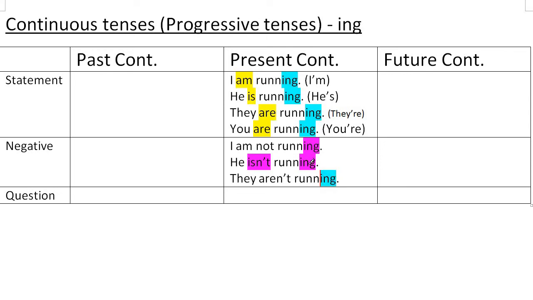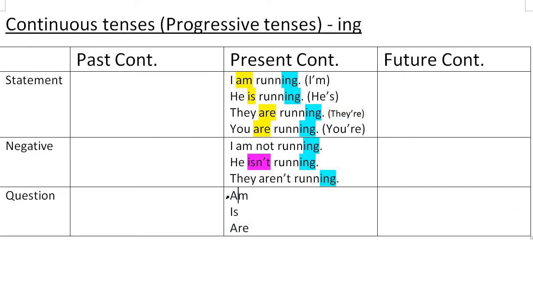But then for your question, it's going to look a little bit different. Basically, you take your three auxiliary verbs from here, the am, the is, and the are, and you move them to the front. They become your question words. Like, am I running? That's a very strange question, but it is grammatically correct. Is he running? Okay.